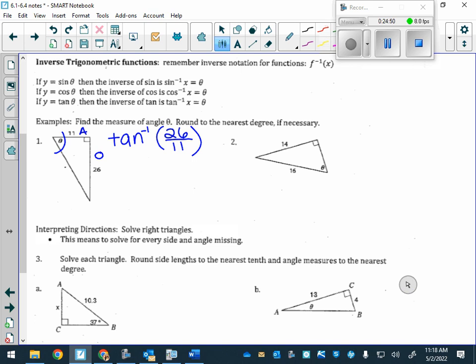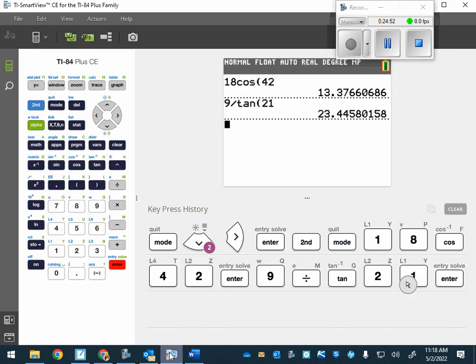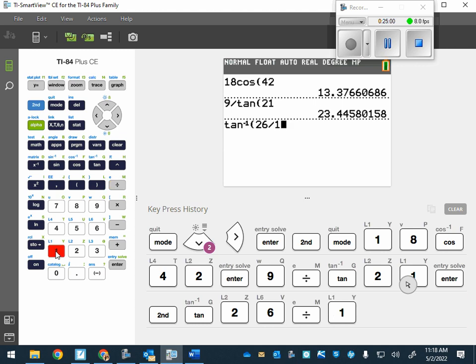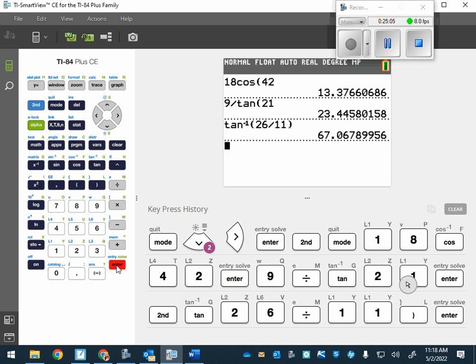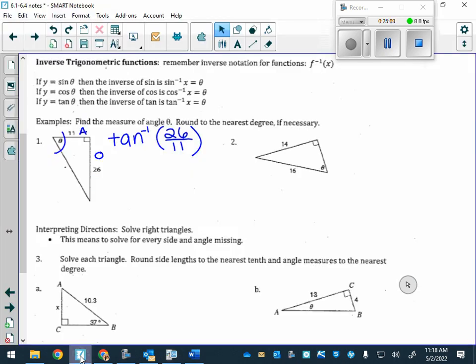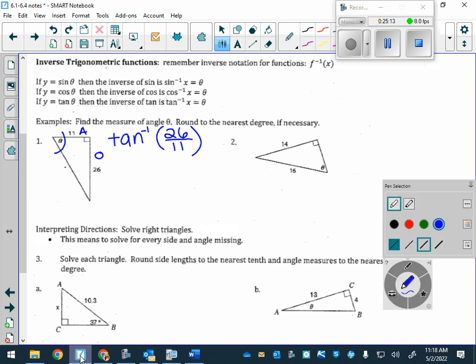Again, in our calculator, second inverse tan, 26 divided by 11, and you're rounding to the nearest degree. So what should you have got? Theta equals 67.